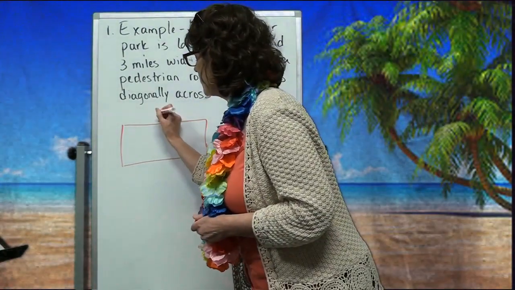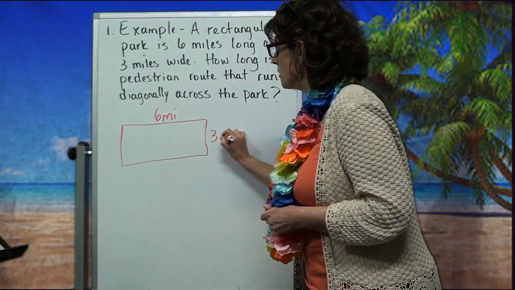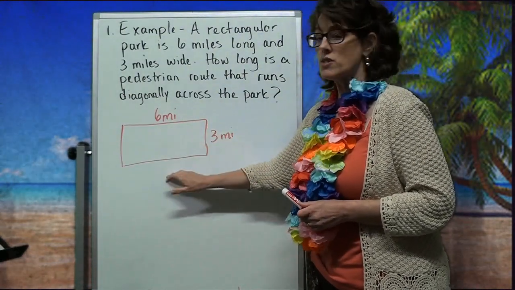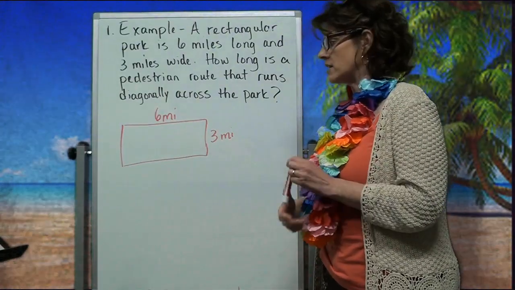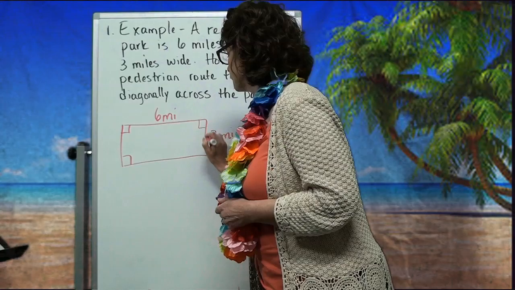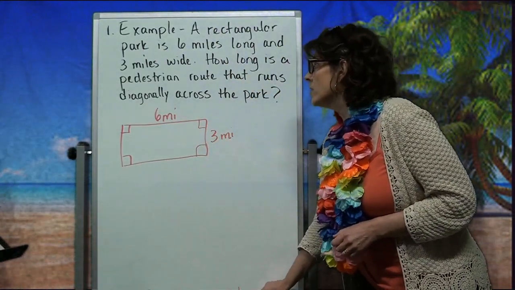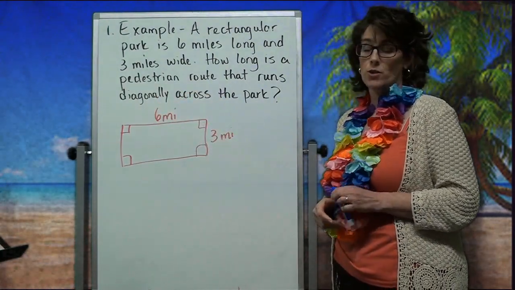So I know that this side is going to be 6 miles, and this side is going to be 3 miles. I also know that within a rectangle, these two sides are the same length, and these two sides are the same length. I also know that within a rectangle, I have right angles on every single corner. Now, the next part says I want to know how long a pedestrian route is that runs diagonally across the park.